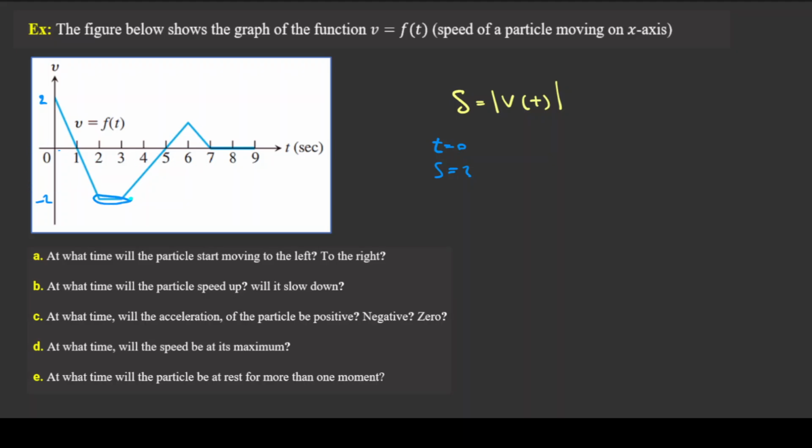The lowest point is when t is between 2 and 3, where the speed is 2. Both intervals are the same, so the speed is at its maximum there.